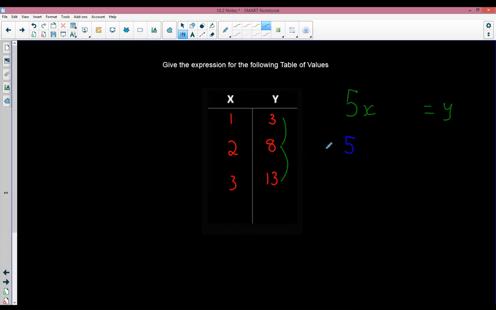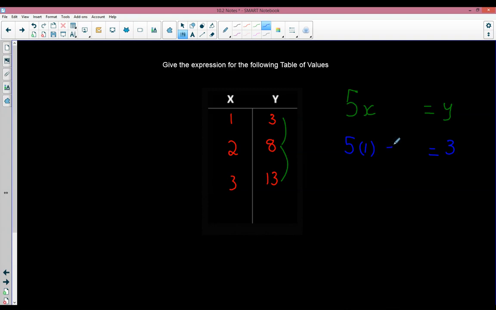5 times our first input of 1 is going to equal 3. Wait a second, 5 times 1 is 5. How do I get to 3? If you guessed that you would subtract 2, you are correct. A constant could also be a subtract or a negative number.